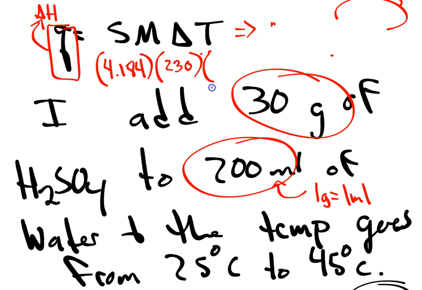And then the change in temperature was my final minus initial. It's just 20. All right, now I end up with what value? I erased it. It's a big number.